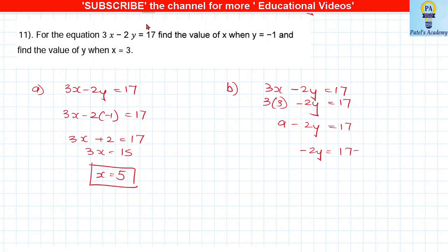Minus 2y equals 17 minus 9. Okay. So minus 2y equals 8. y equals minus 4. Okay. So for the first part, the value of x is 5, and for the second part, the value of y is minus 4.